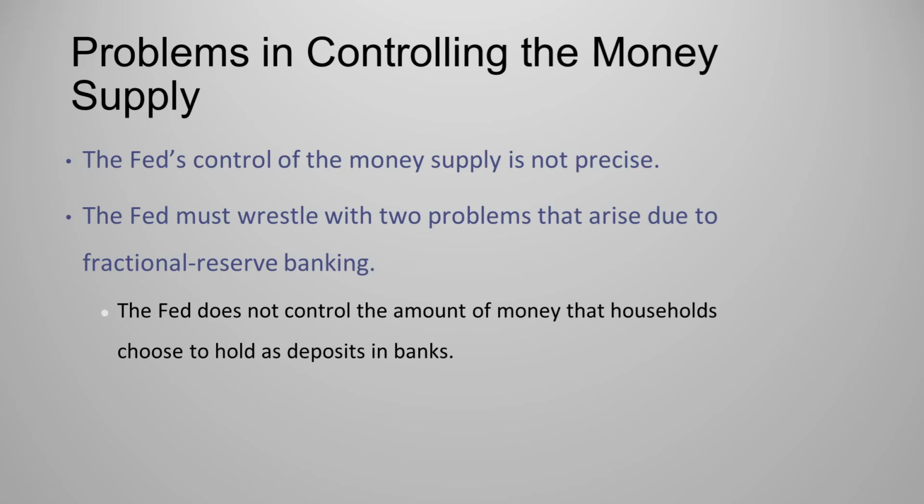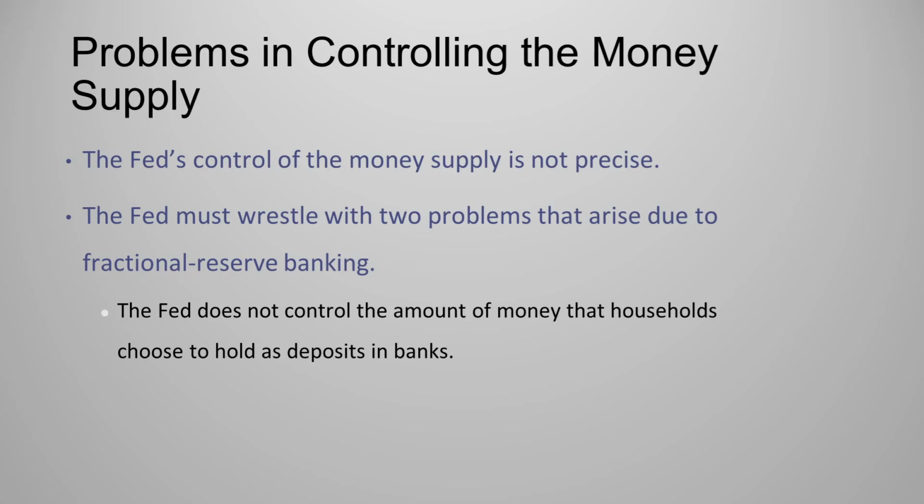And since the commercial banks use those deposits as loans, which further creates money or increases the money supply, the central bank or the Fed cannot control these deposits. If these deposits increase, the money supply will increase as well. If these deposits decrease, the creation of money will decrease.